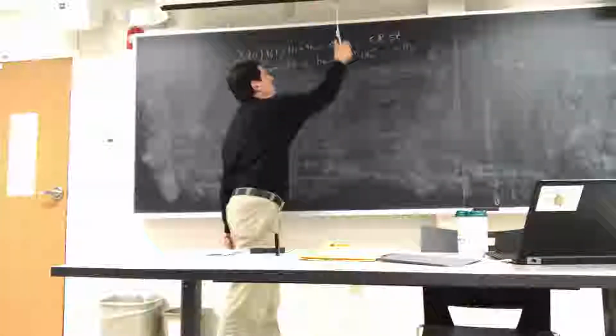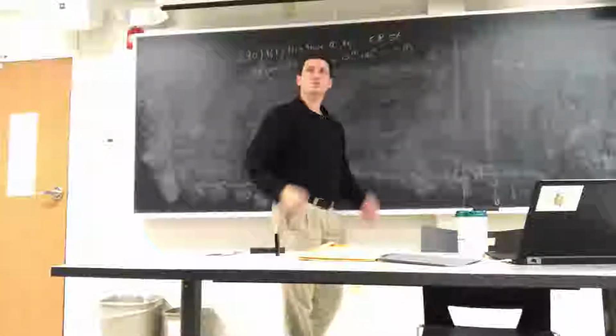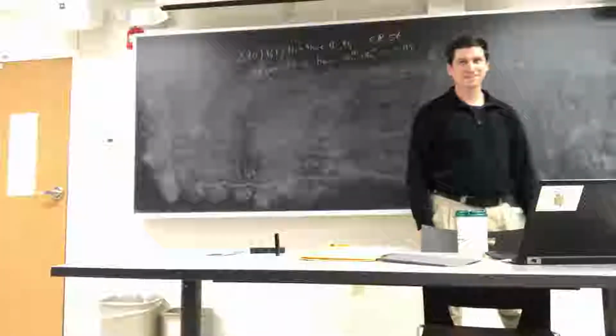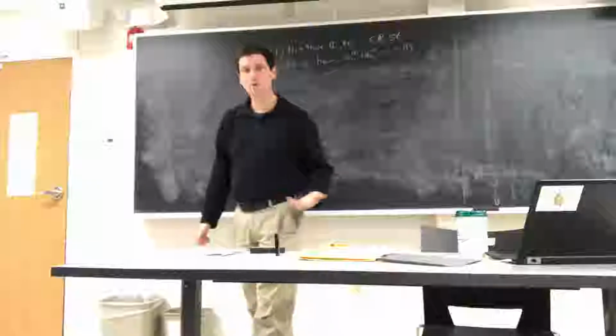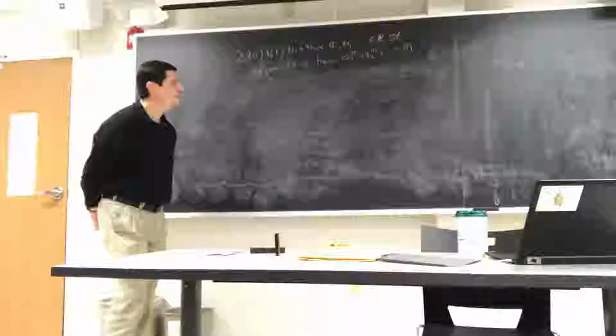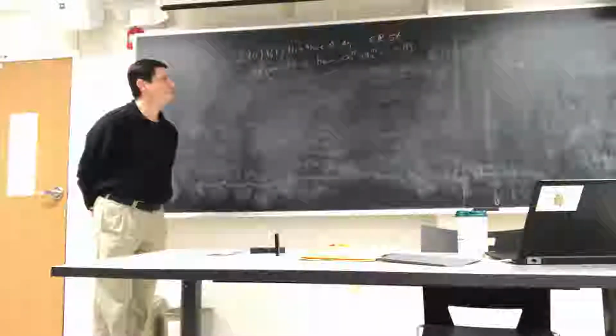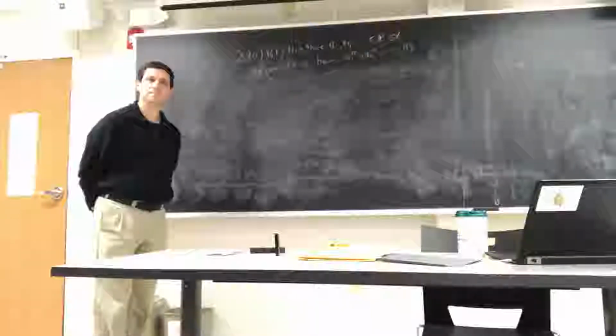So when you see this, what are your initial thoughts? I want a sequence of real numbers such that the sum of the mth powers is equal to m for every m.